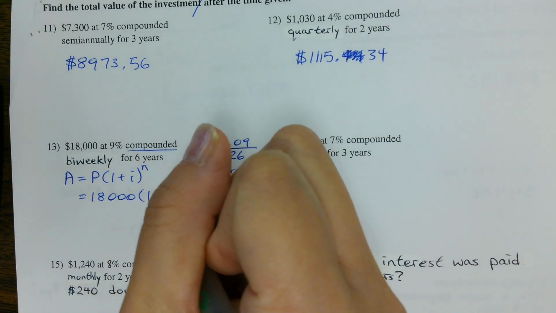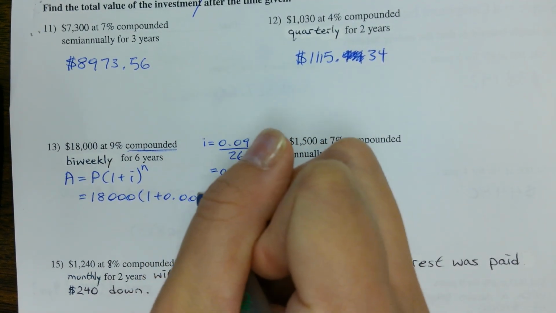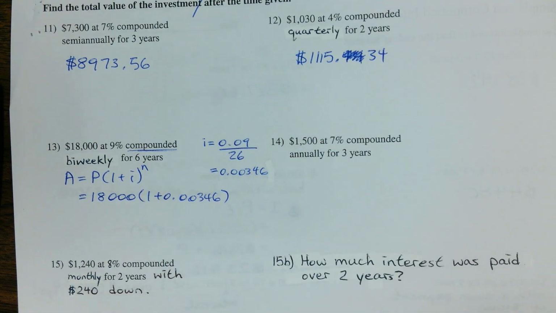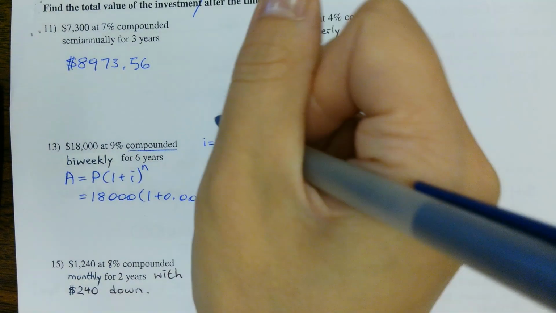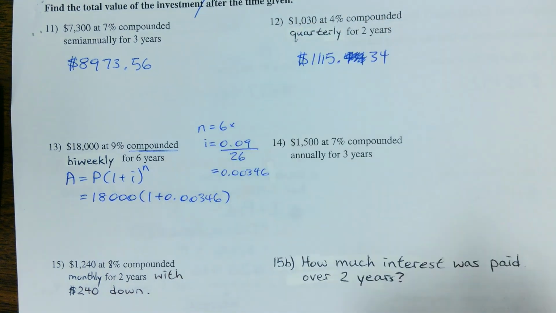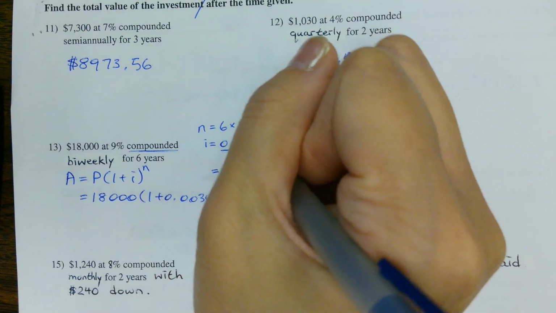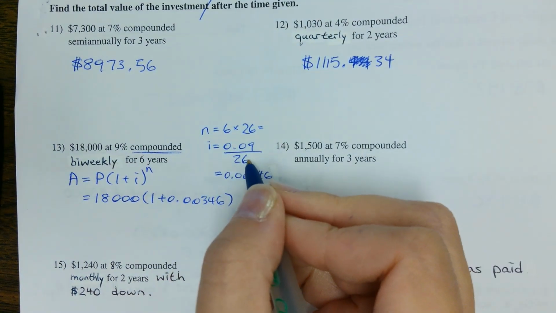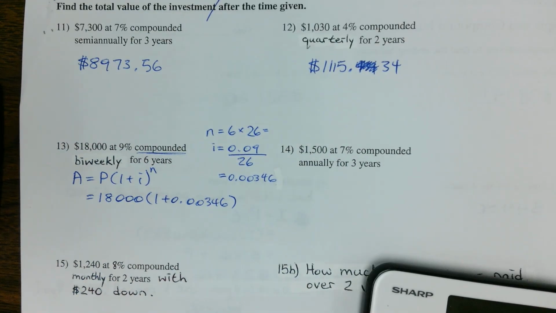Good. Okay, so 0.00346, and then the n is 6 years. What do I have to do to the 6?